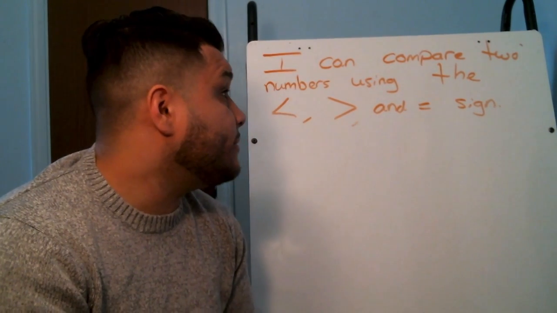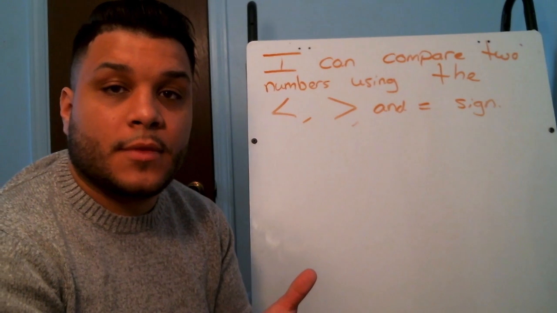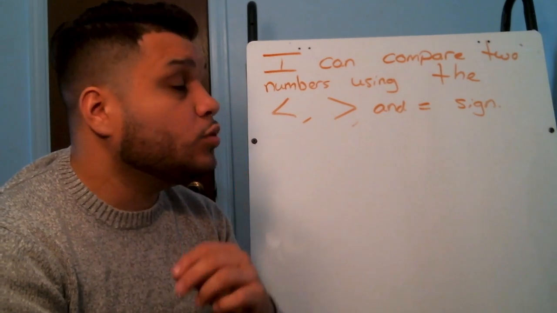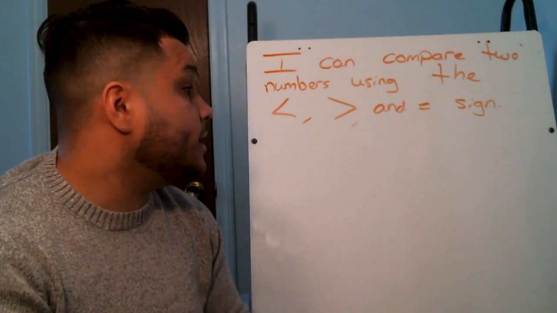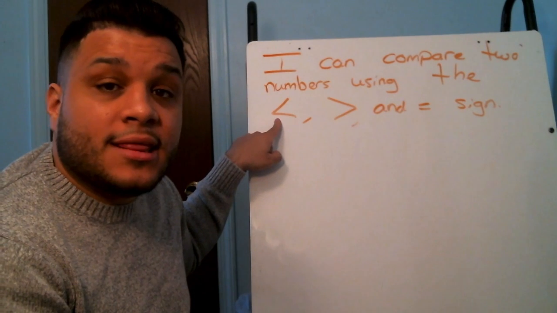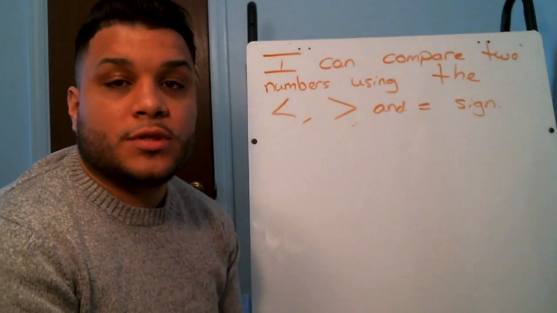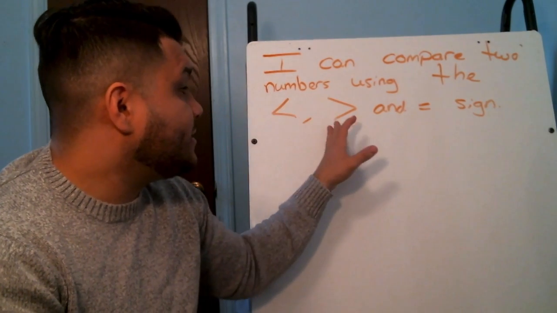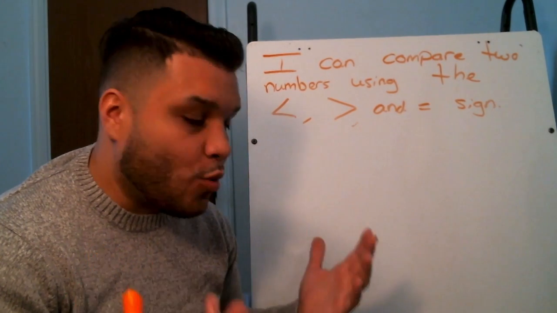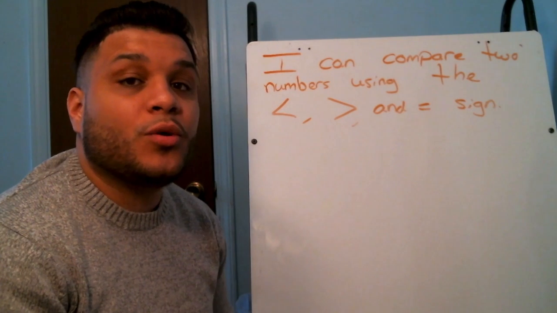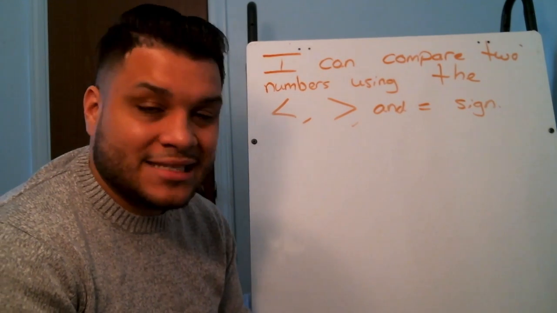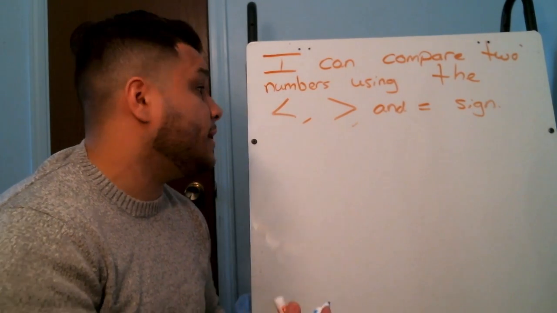Our I can statement today is I can compare two numbers using the less than, greater than, and equal sign. Know that these are not actual words, but I want you guys to learn the symbols because these symbols actually do mean something.